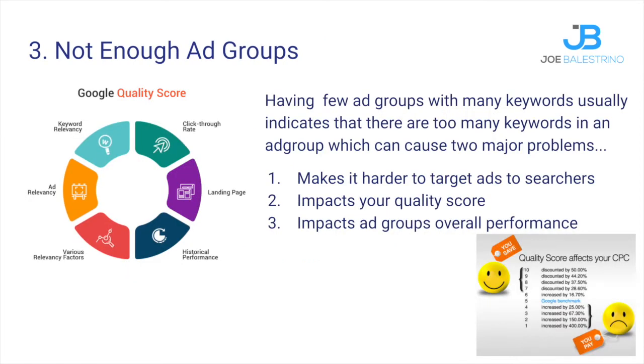Another thing I see is not enough ad groups. Similar to the slide I showed previously, a lot of times clients will take all the keywords they can think of and they just dump it into one ad group and then create a generic ad and then just show the ad based on all those keywords.